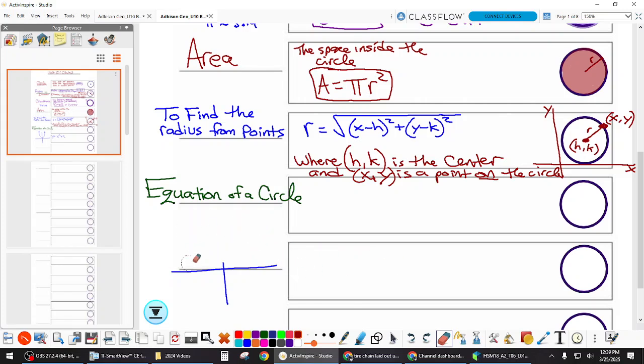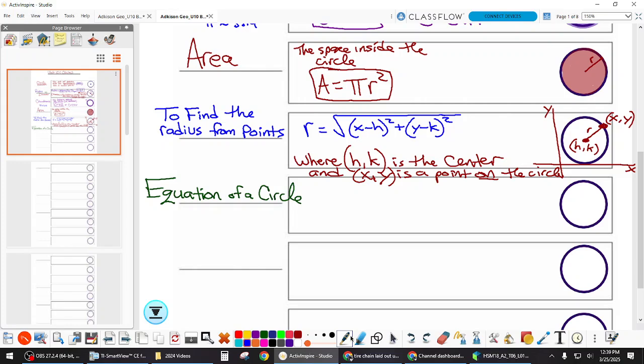This is what we mean by equation of a circle. So how do we define a circle? We've kind of talked about that yesterday. A line, we had to have slope and a place where it crosses the y-axis. A parabola, we had to have a squared so that it's actually a parabola and a y-intercept. How do we define a circle?